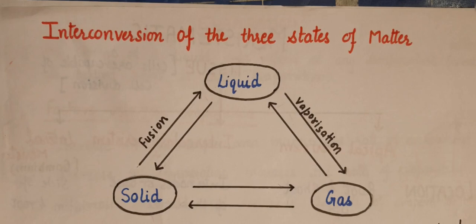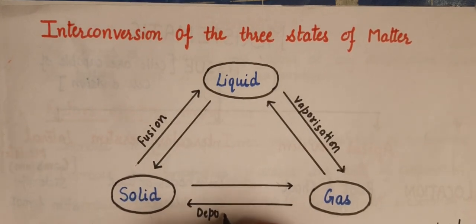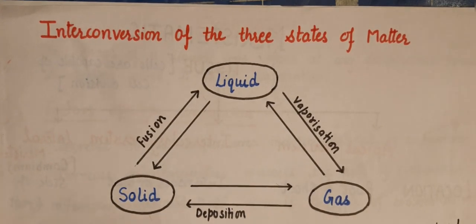Vaporization. Now when gas changes into solid, what do we call that? Deposition. We call it deposition. In older books, sublimation is written, and if you have an old book, then change it and learn it as deposition, not sublimation.